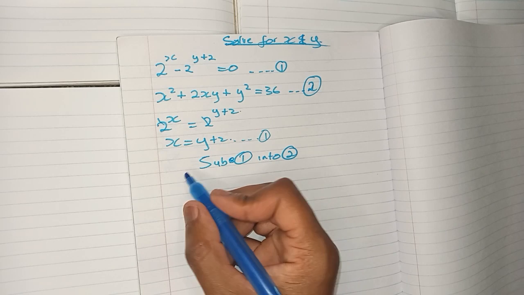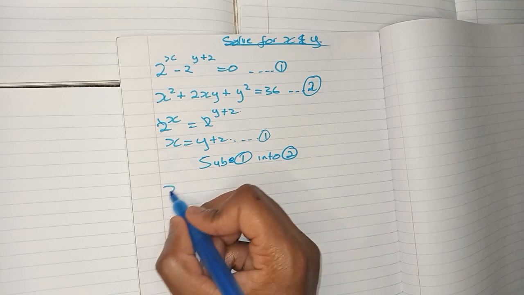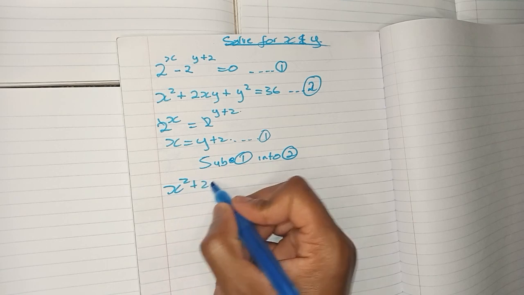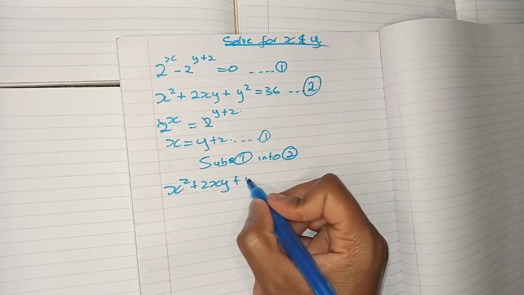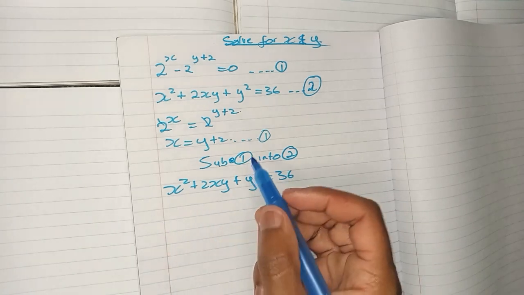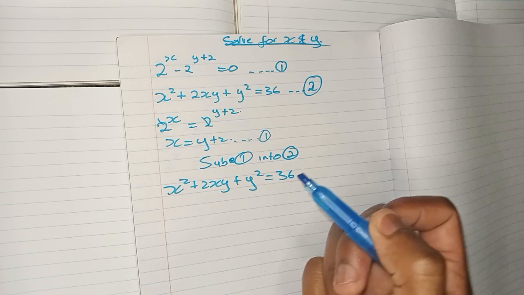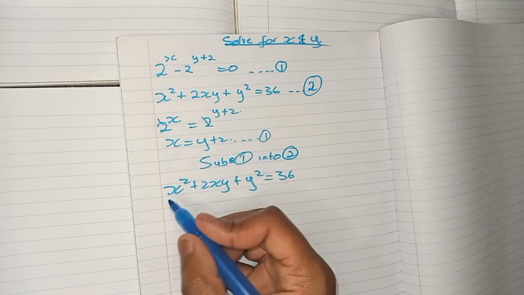So equation 2 says, I'm gonna write it on purpose, x squared plus 2xy plus y squared is equal to 36. And every where I see x, I'm simply gonna put this, right?